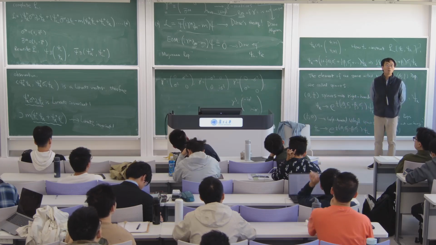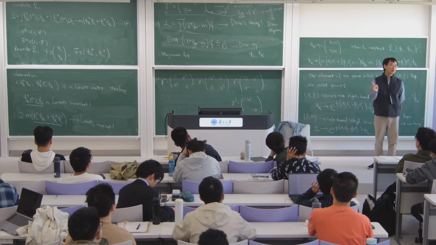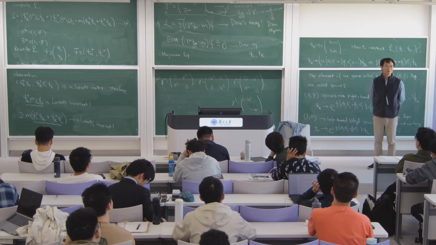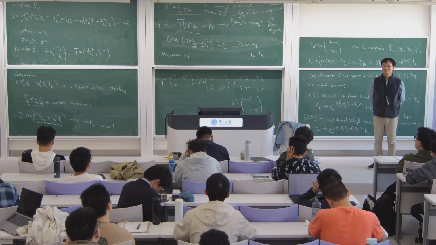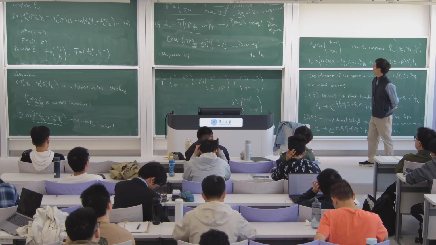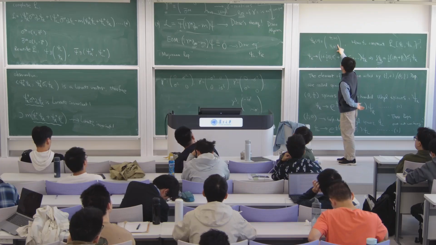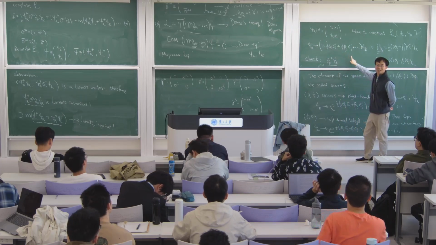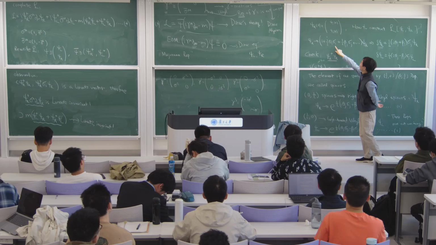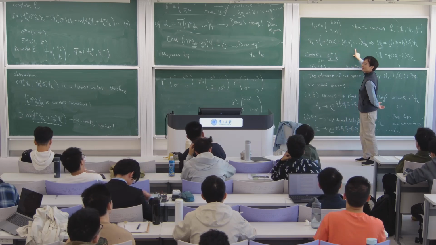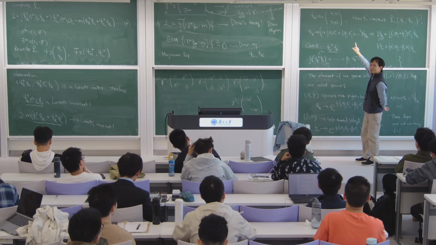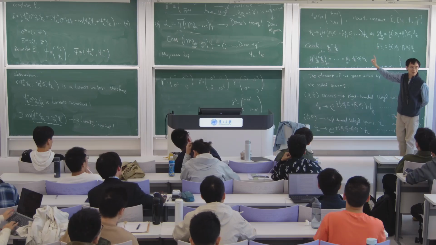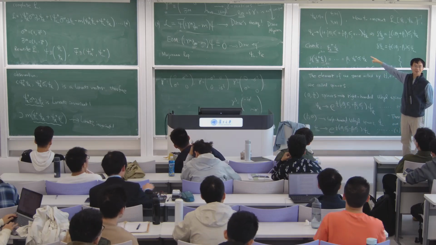It's not necessarily real. Why? Because this should transform under Lorentz transformation. But the point is, the Lorentz transformation itself is a matrix which is complex valued. You can check it.